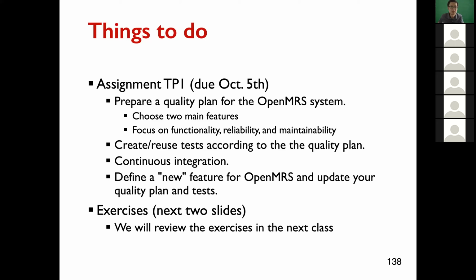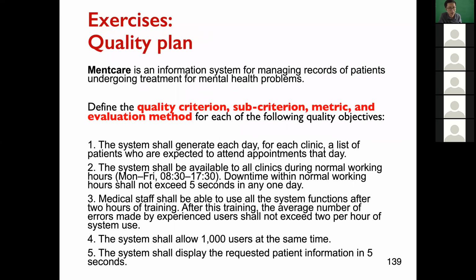Also, we will have 2 exercises. These are class exercises, but because we are doing remote teaching now, it's difficult to conduct them interactively. So I posted this exercise on slides, and it may not be on the Moodle version yet, but I will upload it after this class. The first exercise is to make a quality plan for a software system, MintCare, which is an information system for managing records of patients undergoing treatment for mental health problems.